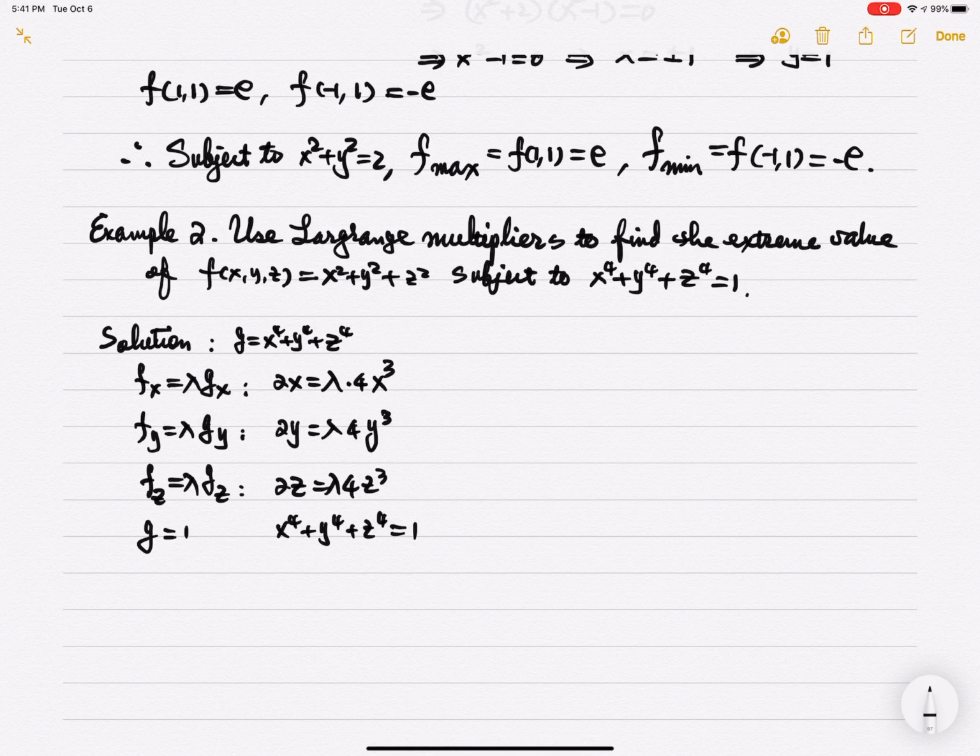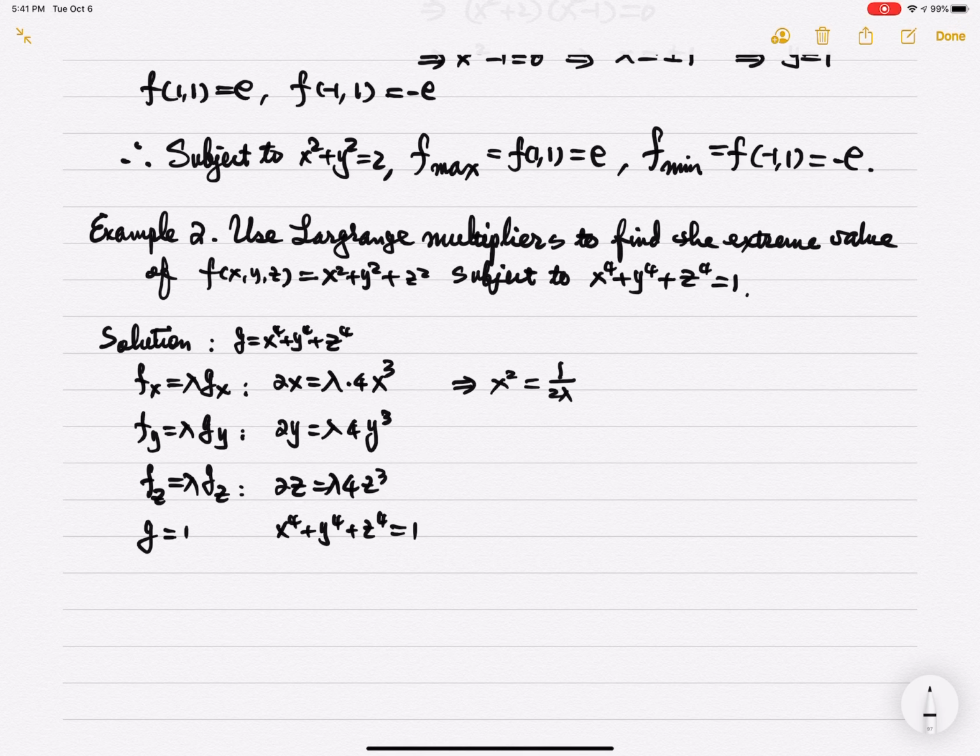Now if you look at this, we can write x squared equal to 1 over 2 lambda. Why? Because lambda cannot be 0.